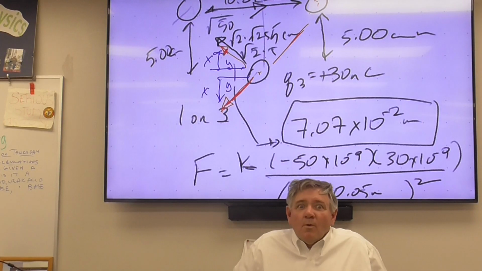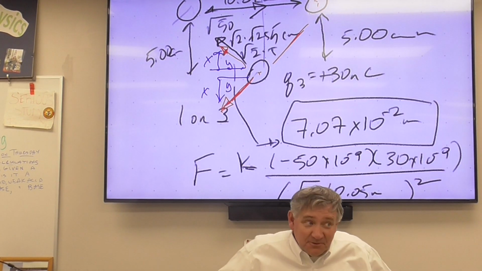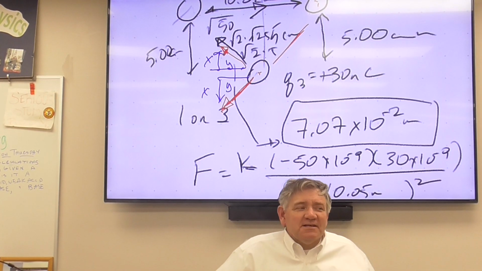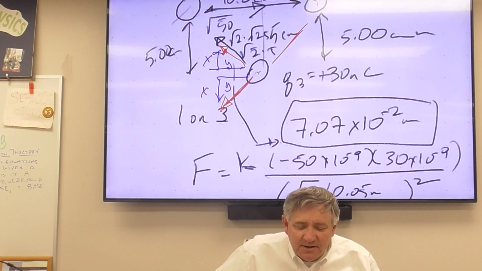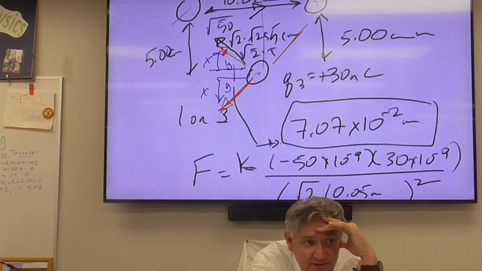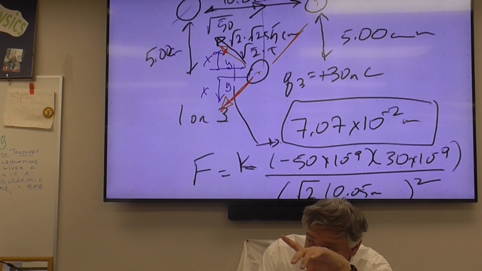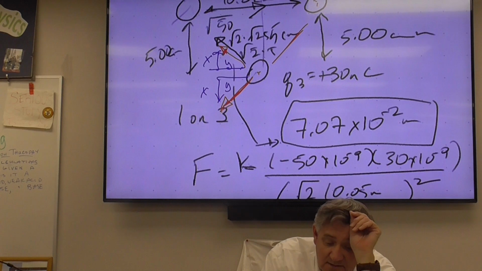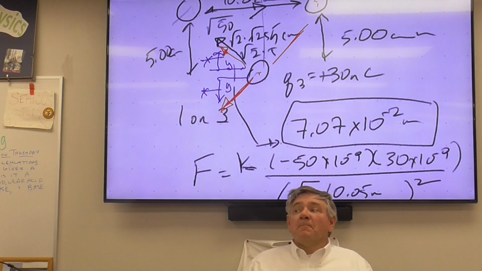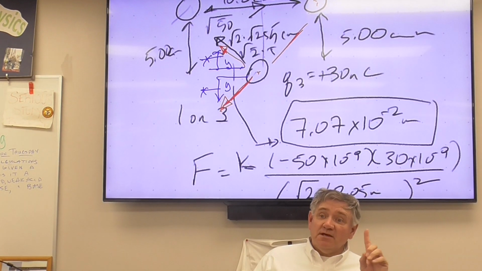We did do that before. What do you notice about your X components? They cancel out. You don't even have to find your X components in this situation because they're just going to cancel each other out. But if you find one Y component, you've also found the second Y component.